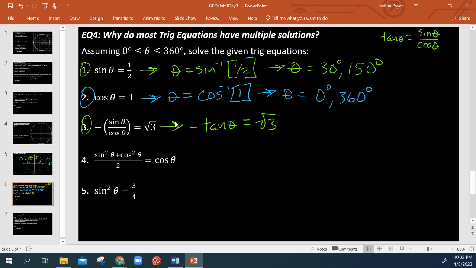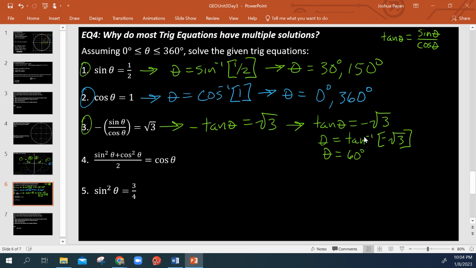Then I multiply both sides by -1, and we simply have theta equals the arctangent of negative square root of 3, right? And we know our solution there, one of them at least, is going to be 60 degrees in quadrant 1.